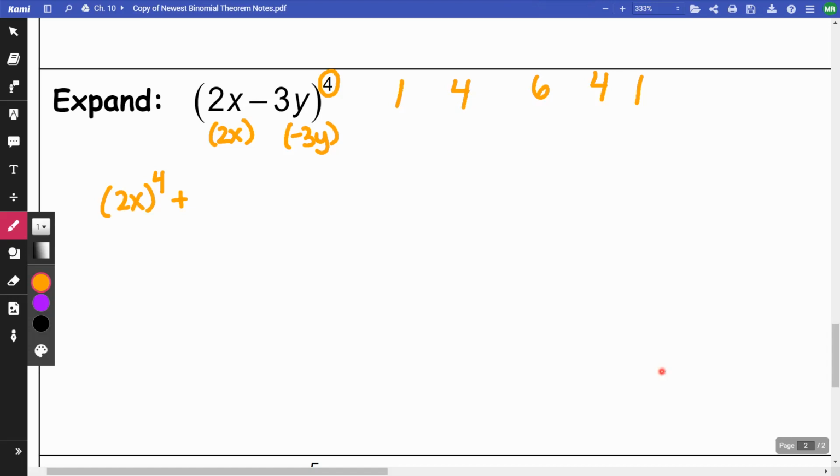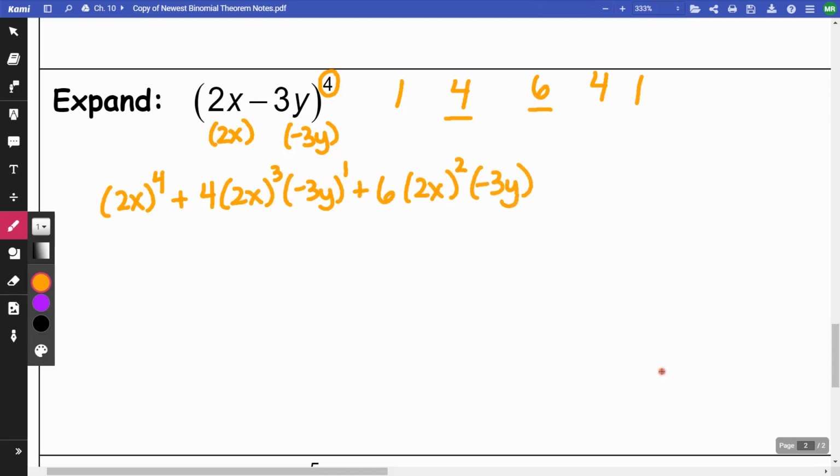Plus, and I'm going to have 4, because of this 4, times 2x this time to the third, and my negative 3y is to the first, plus 6. Now my 2x is going to be raised to the second, and my negative 3y is going to be raised to the second. Again, notice 3 and 1 is 4, 2 and 2 is 4.